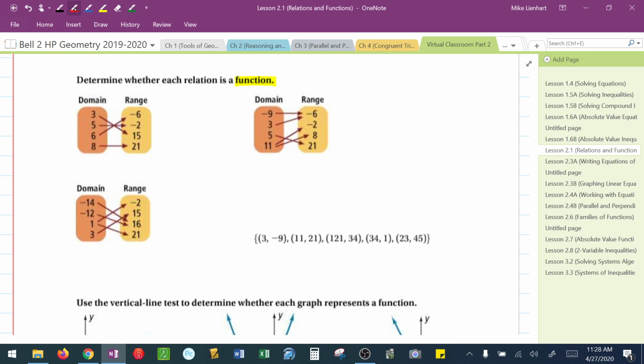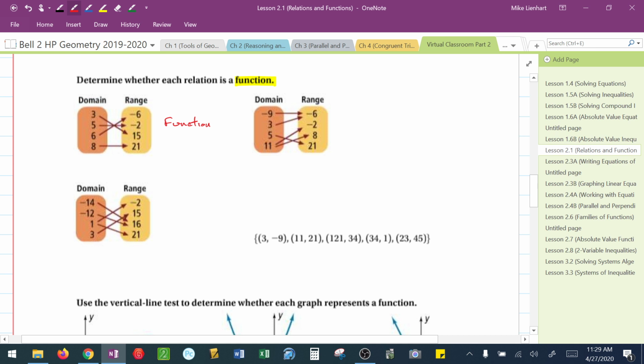For each input, do we only have one output? For each domain value, do we only have one corresponding range value? If I look at this first one, I've got 3, 5, 6, and 8. All of them go to a unique y value. None of the domain values repeat. Therefore, we can say this is a function.